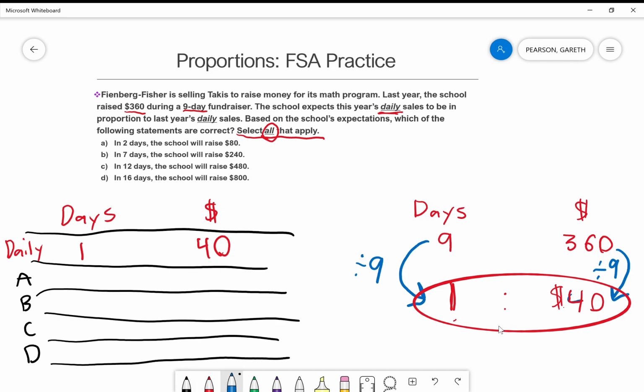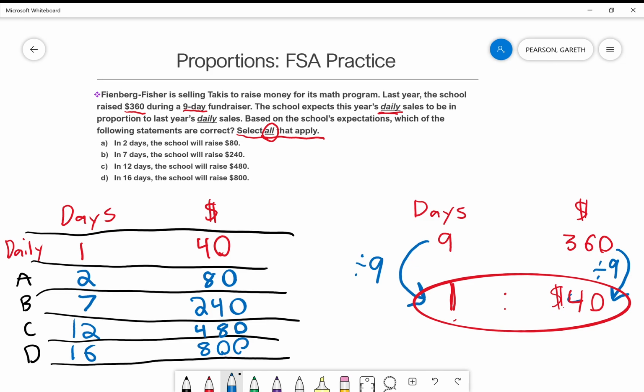Here for 2 days, we raise $80. For 7 days, we raise $240. For 12 days, we raise $480. And finally, for 16 days, we raise $800. Perfect.